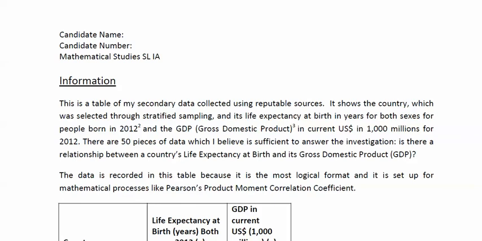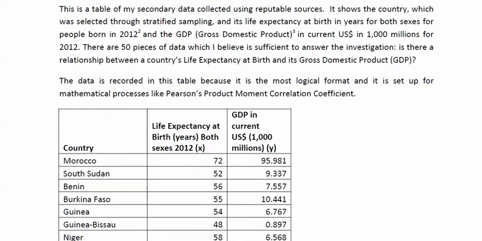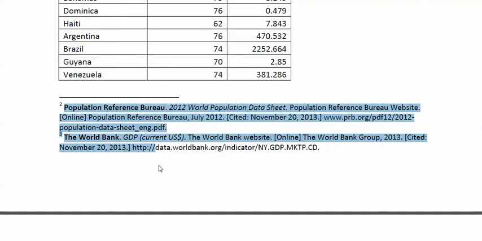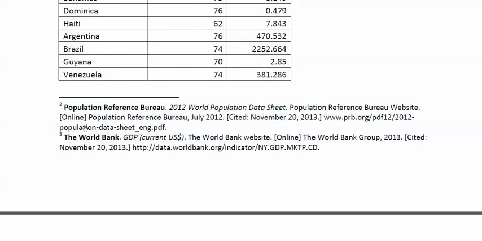The best thing to do is probably follow the method that you used in your extended essay for referencing things, and you can't go wrong really. So basically the student has collected some data, and down here he's referenced it in the footnotes, where he's got the data, in the same format as you would do the extended essay. So that's important. Just follow that same format, you can't go wrong really.